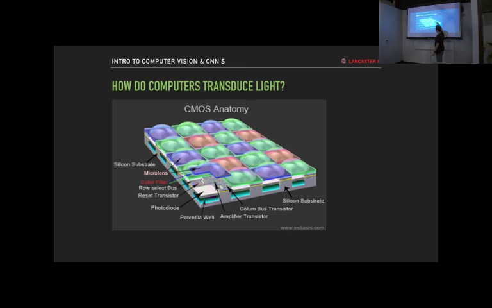So a blue one will only allow blue photons at that wavelength to enter this bucket. And then you have this silicon substrate, and essentially when light goes in there, the electron energy gets separated, and this bucket collects the electrons, and it knows the approximate voltage based on the color, right?